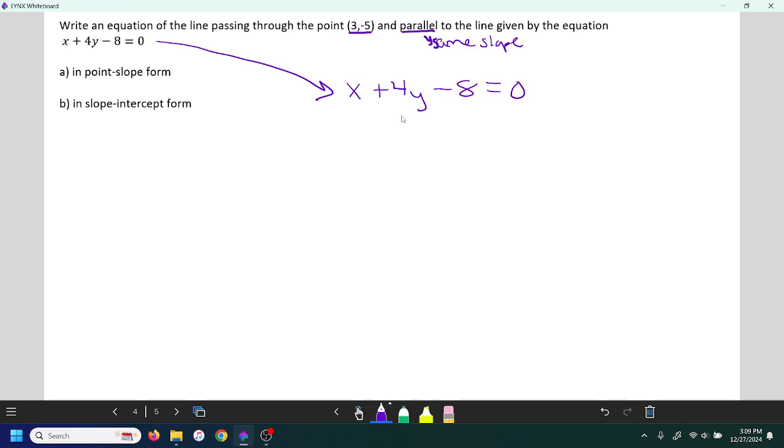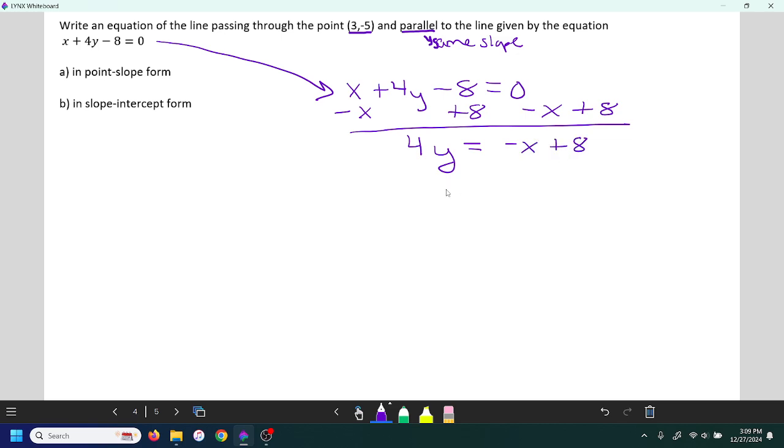So y equals mx plus b. So we might want to subtract the x and add the 8 to both sides. And then to get y by itself, we need to divide both sides by 4. And so since there's multiple terms on the right, we need to divide each term by 4.